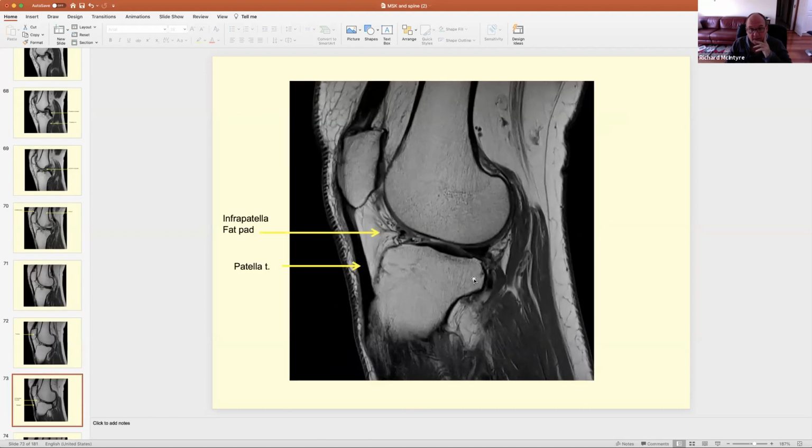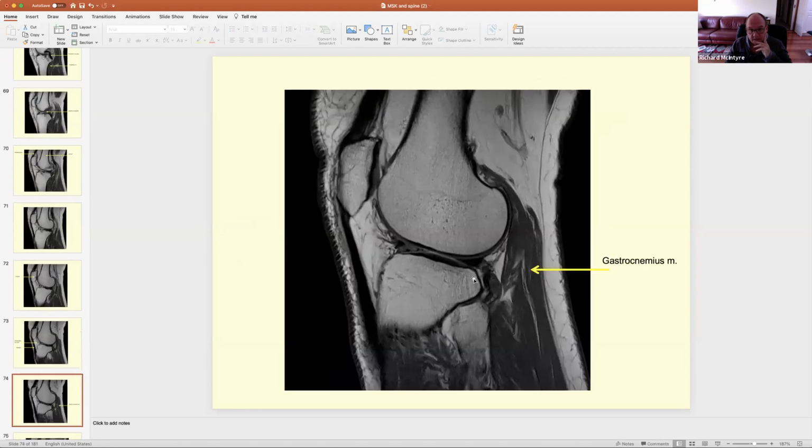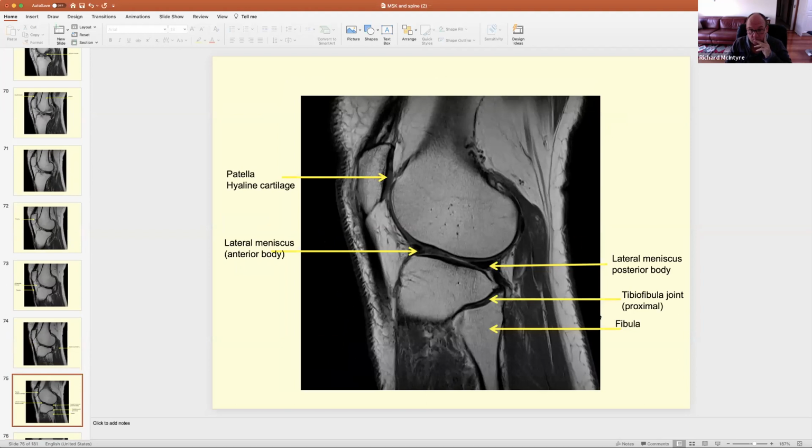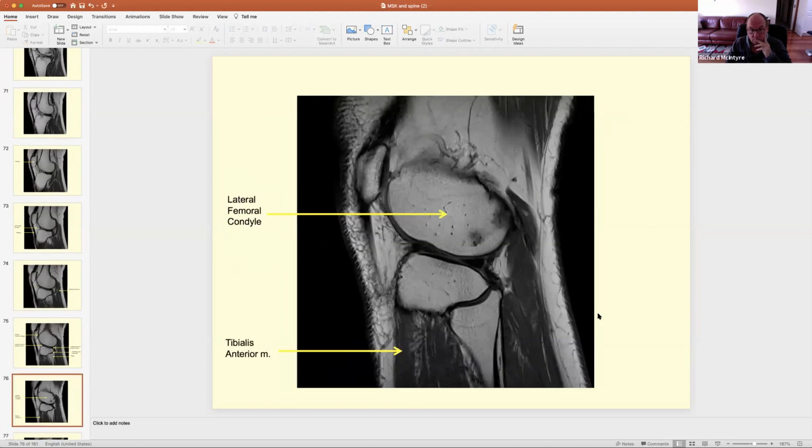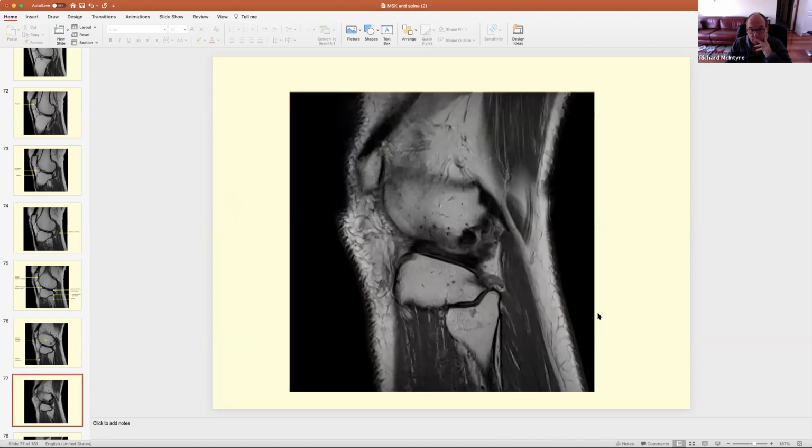Infrapatellar fat pad, patellar tendon, and then, of course, we have the gastrocnemius muscle on the lateral side. Okay, I know it's the lateral side because I'm starting to see the fibula. Tibialis anterior muscle speaks for itself.